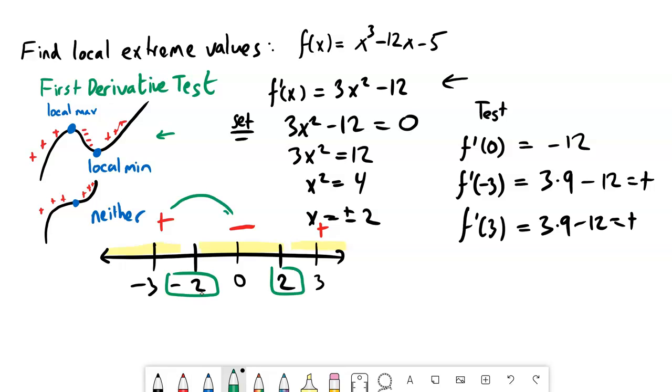Since it moves from positive to negative, this is a max, right? A local max. And since this is negative to positive, this is a local min.